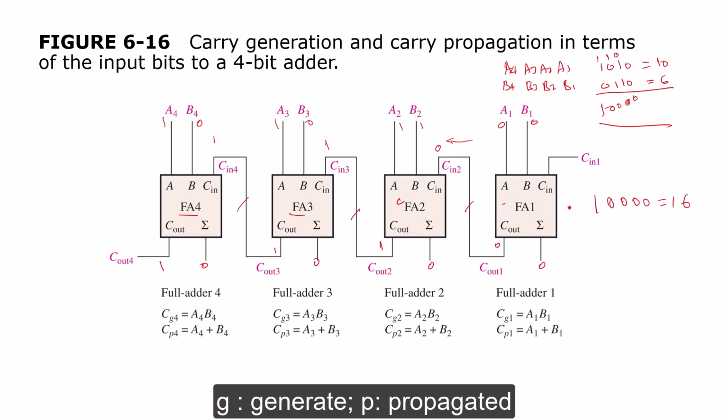And the idea here is based on the observation that the carry out is coming from two parts. One part is called the carry generation or generator, CG1, which is based on the observation that when both A and B are ones, we can immediately know that there is a carry.